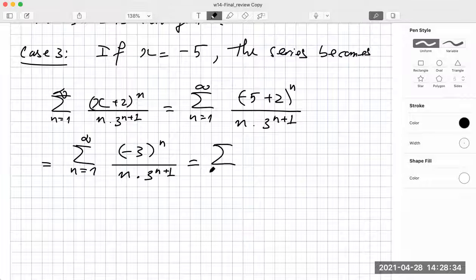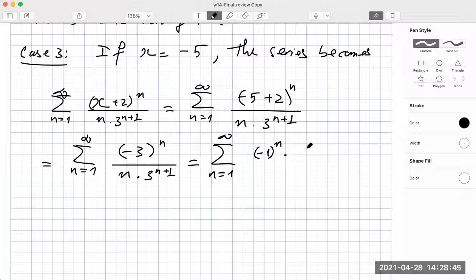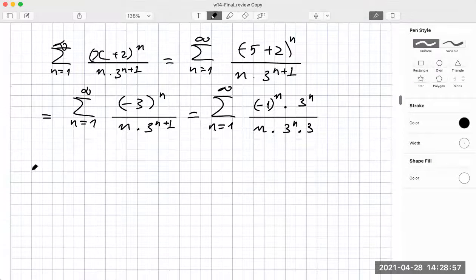So negative 3 to the n, we can write as (negative 1) to the n times 3 to the n. And the denominator becomes 3 to the n times 3 here. So we can cancel the like terms right here, and it becomes easy.